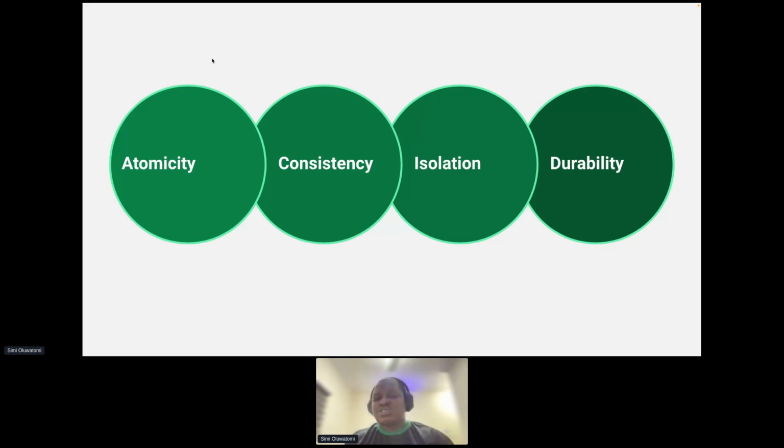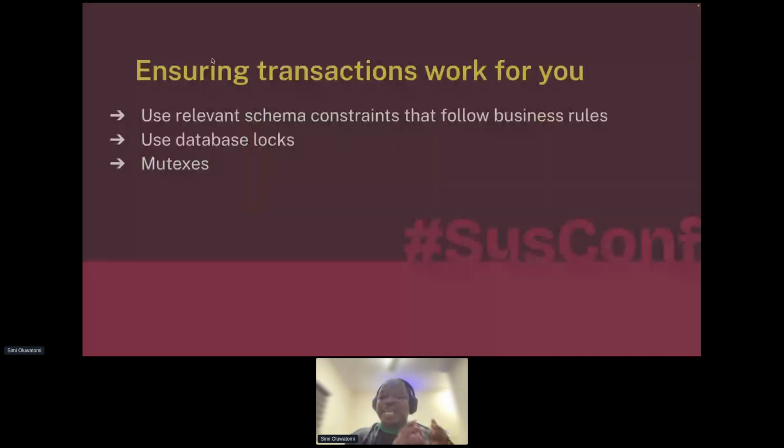So you start wondering what went wrong. I used a database transaction. This thing is not supposed to happen. The problem is that SQL happened to you, not that user. SQL happened to you. So let us look at how you can ensure that database transactions work for you.